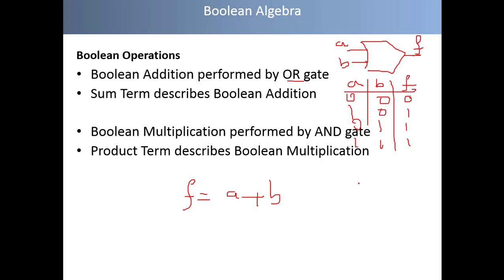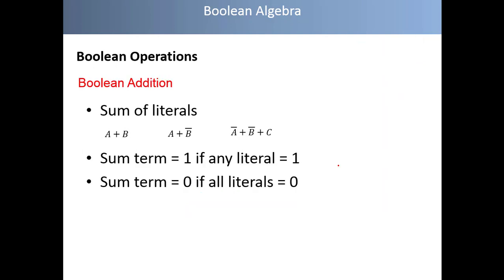Similarly, Boolean multiplication is performed by an AND gate, and the property of the AND gate is that if all the bits are equal to 1, then the output is equal to 1. Otherwise, if any one of the inputs is equal to 0, then the output is equal to 0. In terms of Boolean algebra, the binary addition operation is denoted as a sum of literals, such as a plus b complement, or a complement plus b complement plus c.